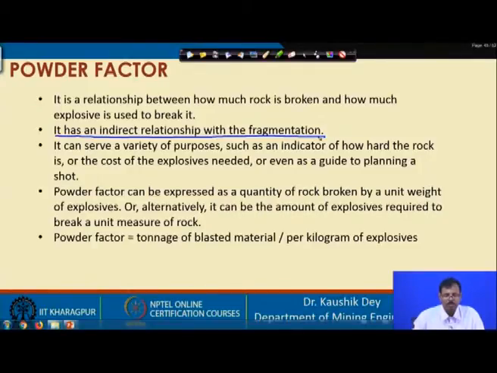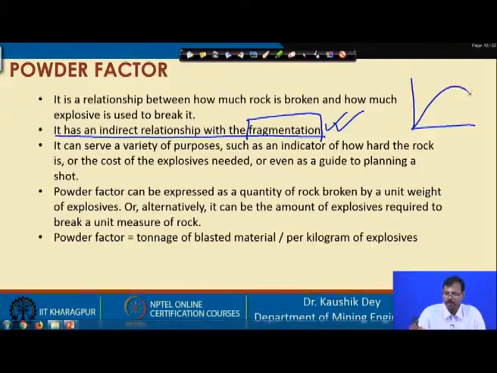So, these terms, powder factor, specific charge or charge factor, are important only when the fragmentation achieved is satisfactory. Basically, it has been observed that the powder factor has a curve like this, which gives us the optimum point.